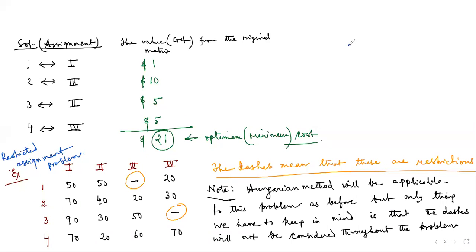That was not a mistake which I made. I did it intentionally. I preferred this word because sometimes in the assignment problem, you can get more than one assignment with the same optimum value of the cost matrix.